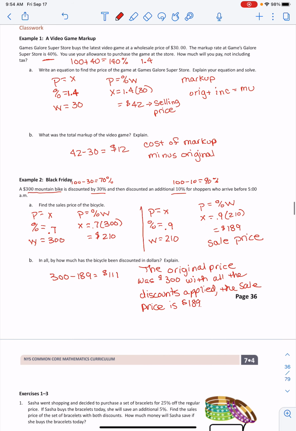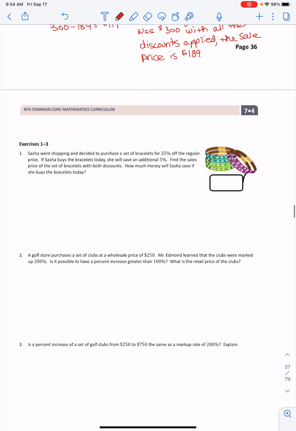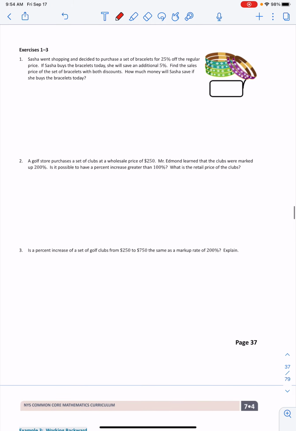So next we have: Sasha went shopping and decided to purchase a set of bracelets for 25% off the regular price. If Sasha buys the bracelets today, she will receive an additional 5%. Find the sale price with both discounts. How much money will she save? Well, we've got, again, P, percent, and W. Because we want the sale price for the 25%, her original, oops, sorry, they didn't put this in here.